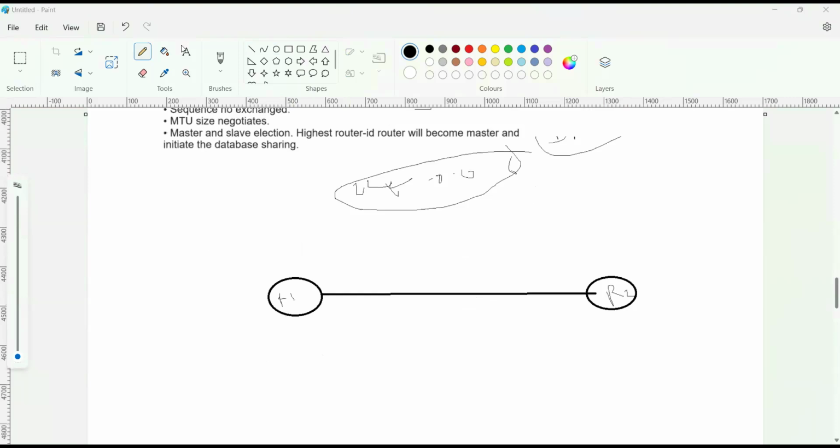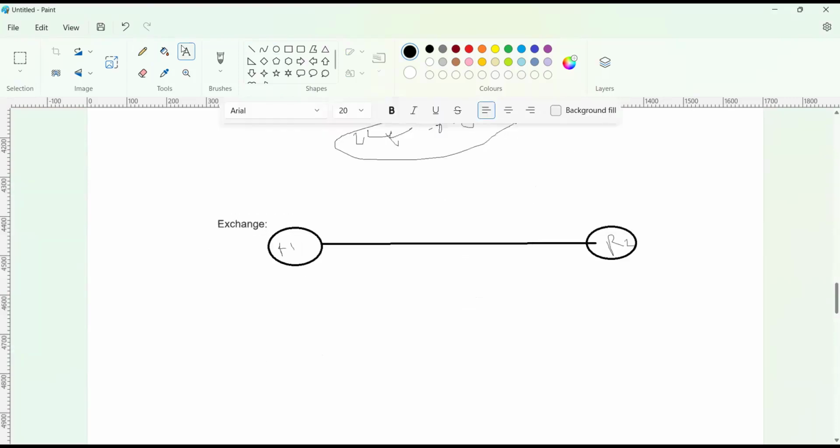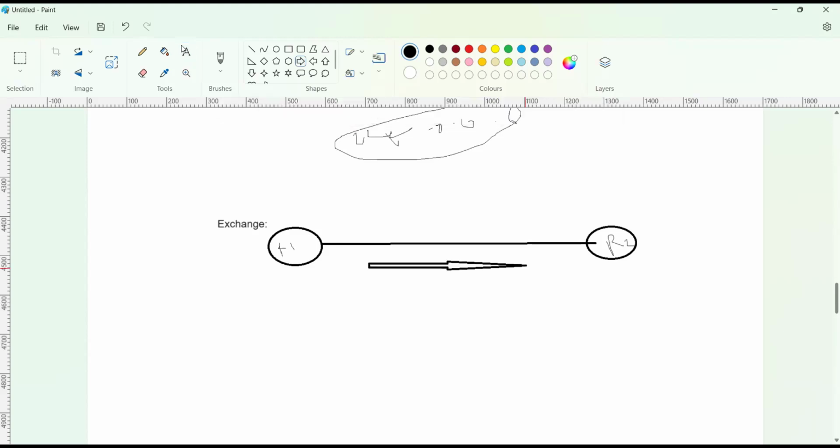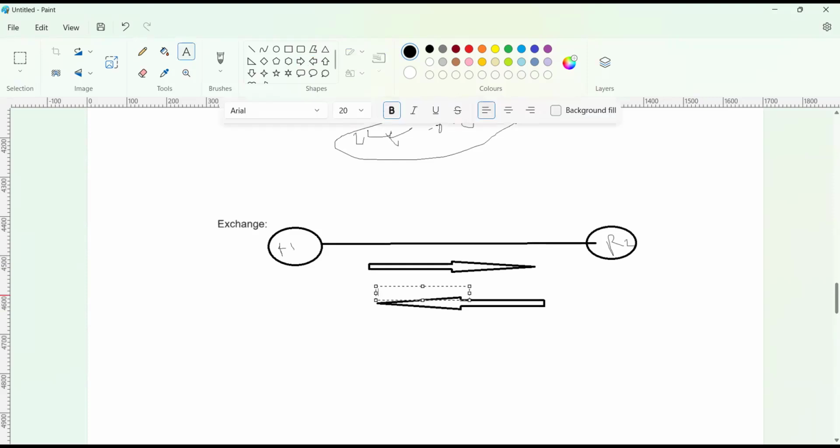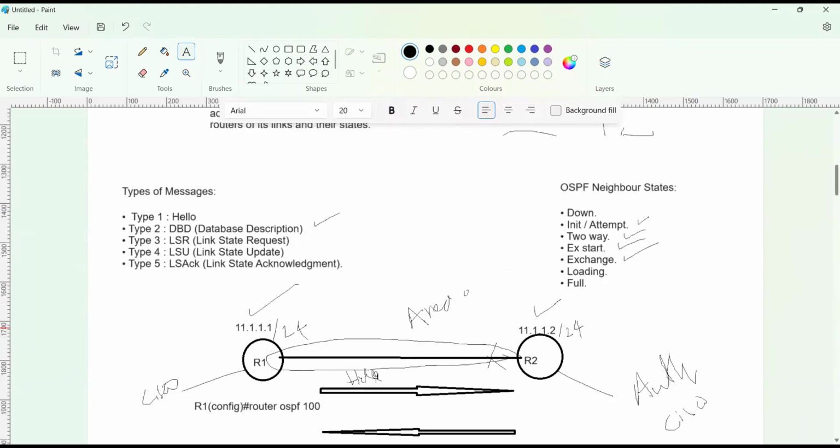In this exchange state, what will they send and receive? Link state advertisements. They will exchange all the information. In that link state advertisement, what is the content?